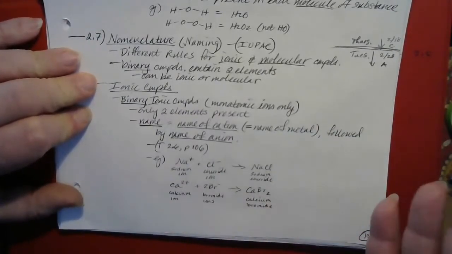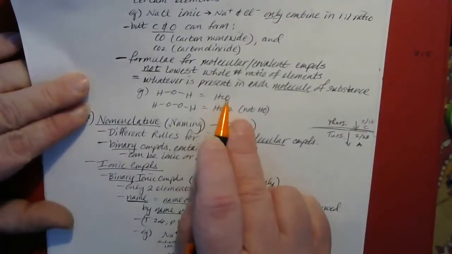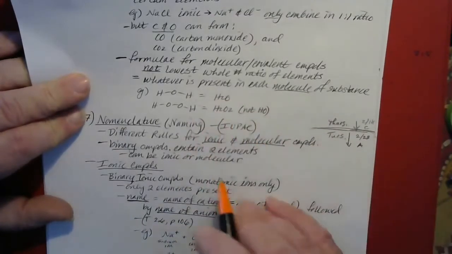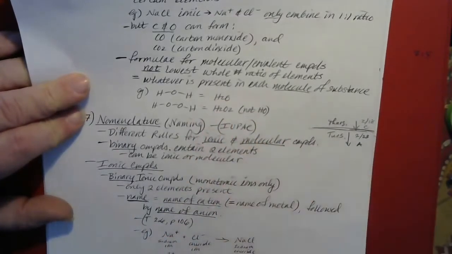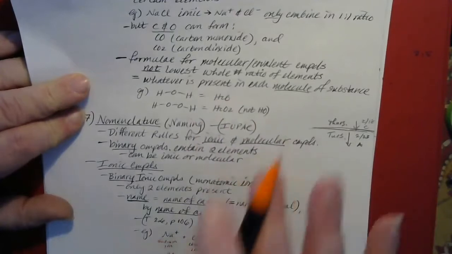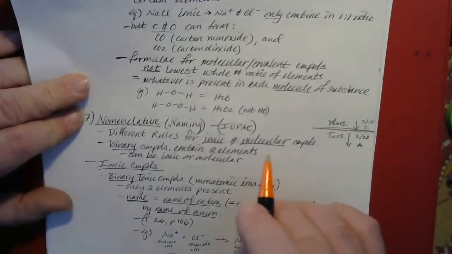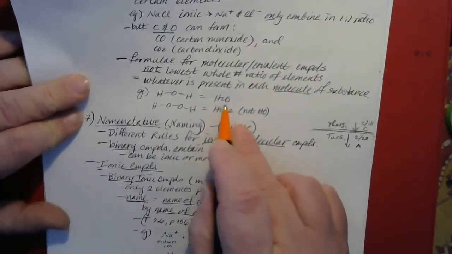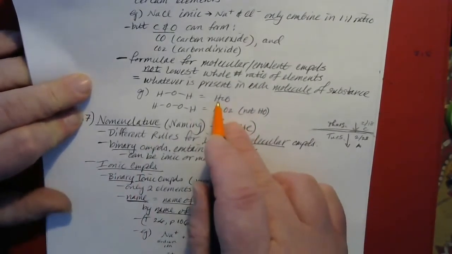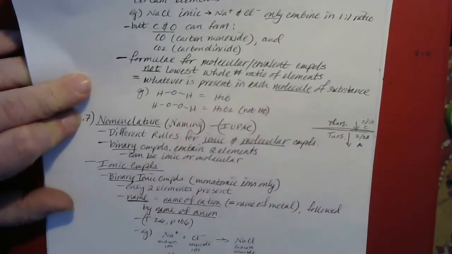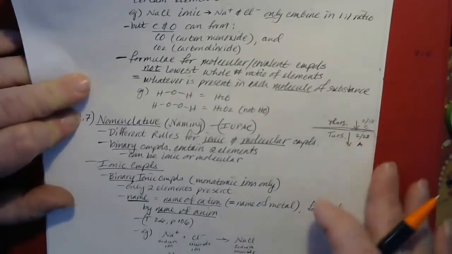When you get two nonmetals together, like say hydrogen and oxygen in water, generally one of those elements will have a stronger attraction for electrons than the other one does, but there's not enough of a difference for one of them to actually take the electrons right away from the other one. So in this case, oxygen has a stronger attraction for electrons than hydrogen does, but not strong enough to take the electrons right away from the hydrogen. So the hydrogen and oxygens end up sharing the electrons.